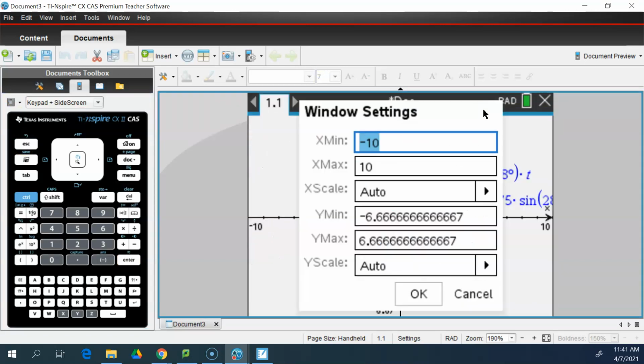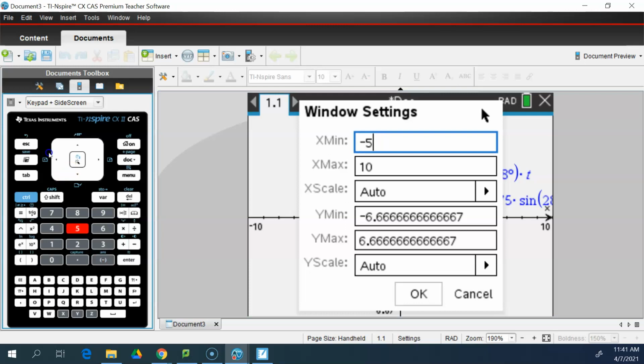So x is the horizontal distance, right? We don't really care about negative because Big Al's not going to hit a dinger backwards. So I'm going to go -5 there because I like to see my axes.